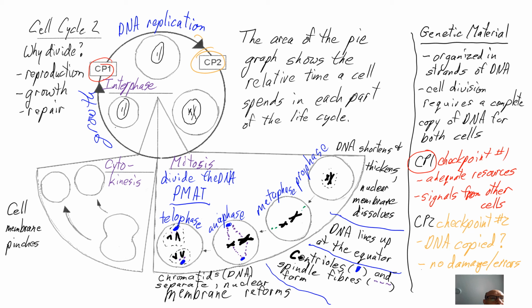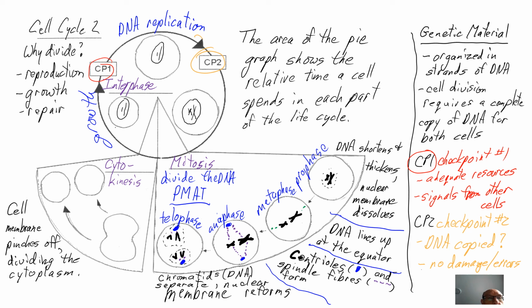Pinches off, dividing the cytoplasm. Now, along with dividing the cytoplasm, it's also going to divide all of the organelles. So all the organelles that are floating around in the cytoplasm, they get divided pretty much equally between the two cells that are about to form.